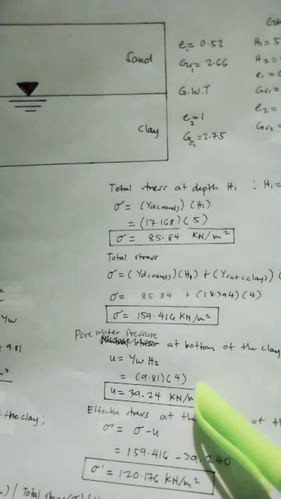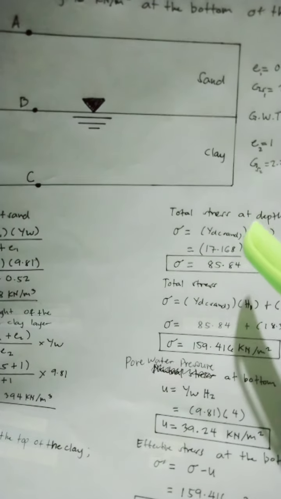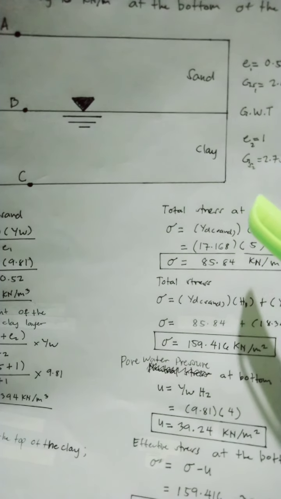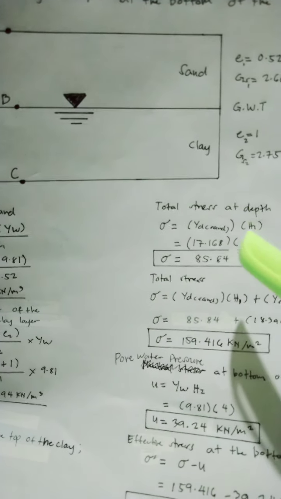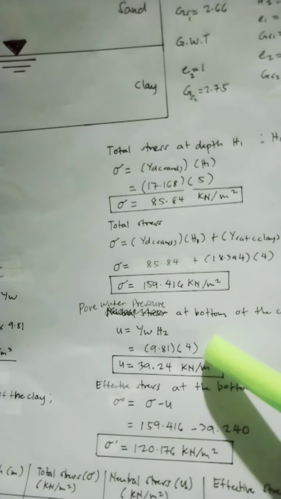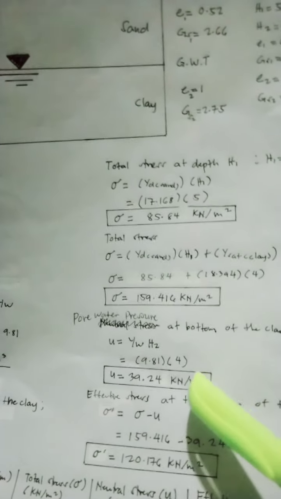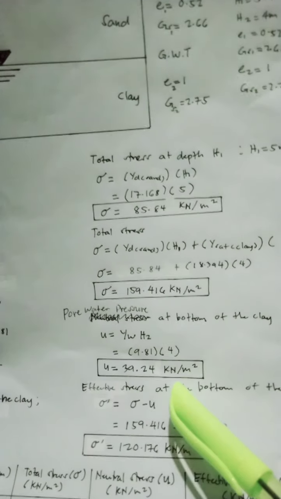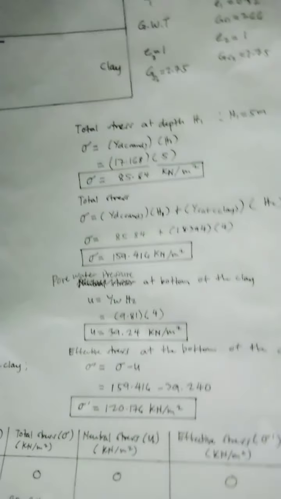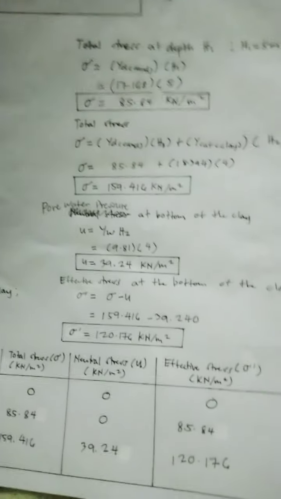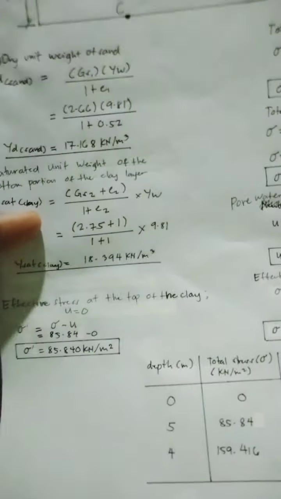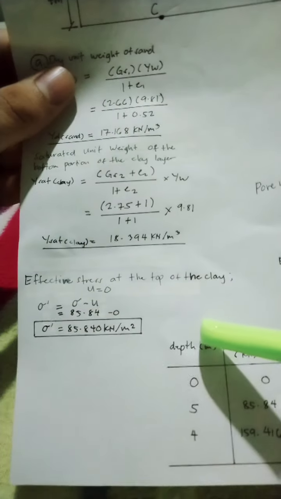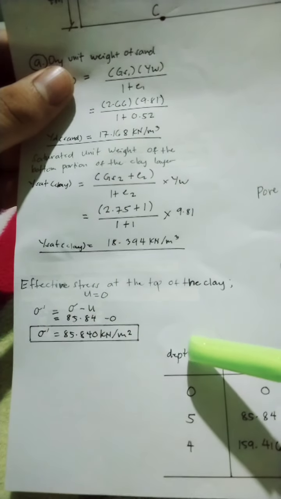So we are able to calculate for the clay layer since it is saturated. Then the pore water pressure at the bottom of the clay is 39.24 kilonewton per meter squared.